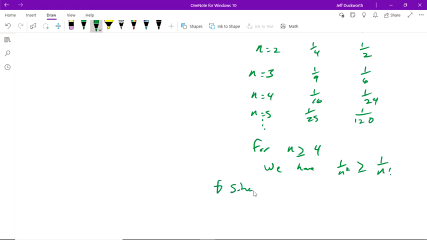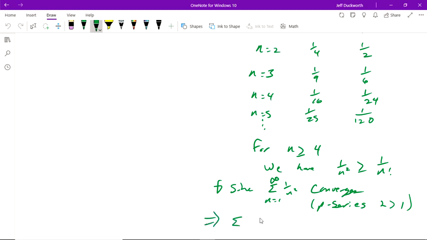And since the sum of 1 over n squared converges, since it's a p-series with 2 greater than 1, that implies that the series 1 over n factorial will also converge.